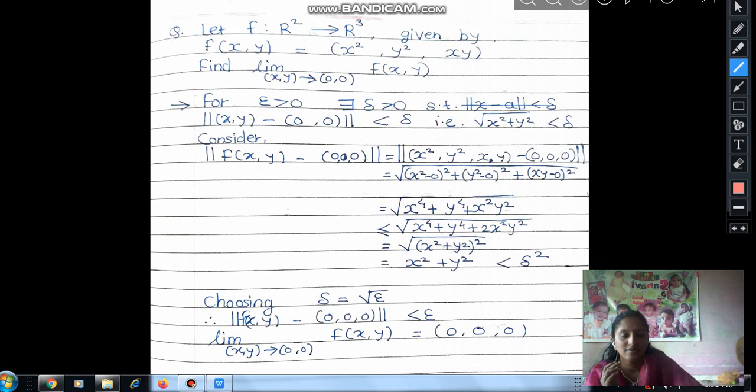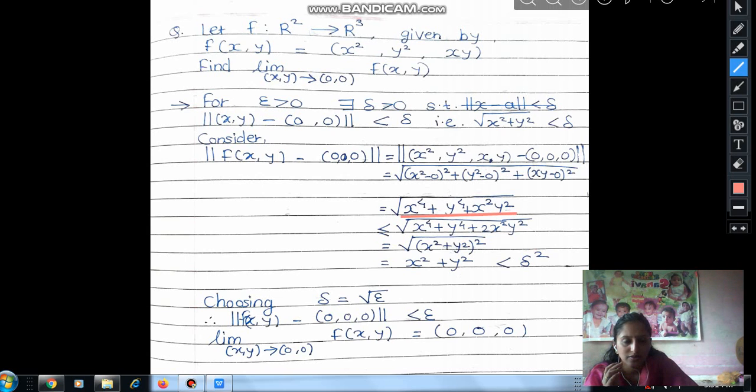F of (0, 0) is (0, 0, 0). So this is norm of (x square, y square, xy) minus (0, 0, 0). By definition of norm, this is the square root of (x square minus 0) square plus (y square minus 0) square plus (xy minus 0) square. That becomes x raised to 4 plus y raised to 4 plus x square y square.